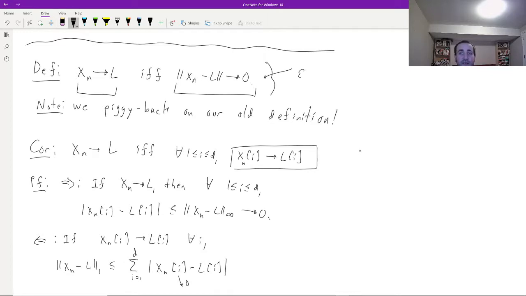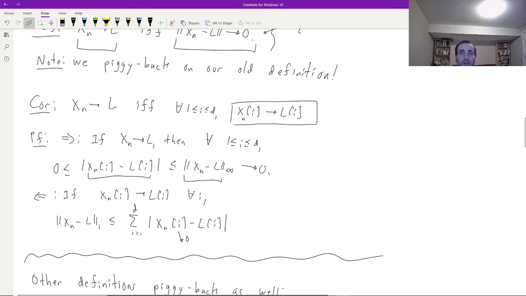If xn is converging to L, then for all i between 1 and d, these coordinate things, the absolute value of xn of i minus L of i, are bounded by the sup norm of xn minus L, and that thing is going to 0. So this is bounded above by the sup norm of xn minus L, and so these are all going to 0 as well, which means that xn of i is converging to L of i. So that's fairly quick.